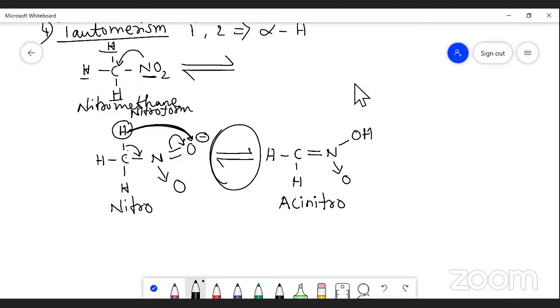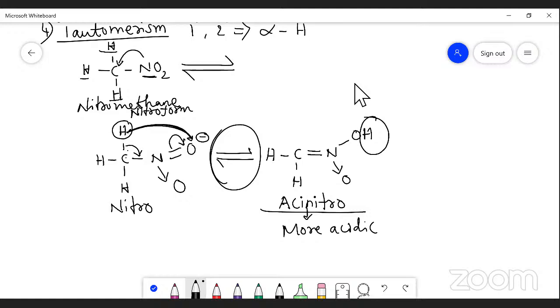That is, the nitroform can be converted into the aci-nitroform, or the aci-nitroform can be converted into the nitroform. The aci-nitroform contains a replaceable hydrogen atom, so the aci-nitroform has a more acidic character.